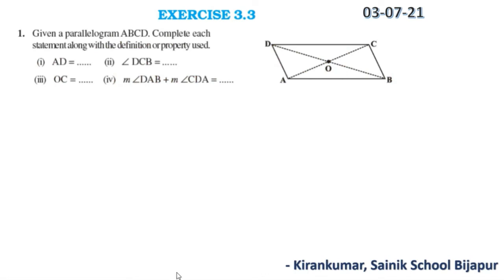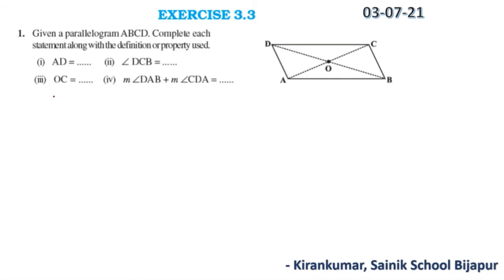Moving on to exercise 3.3. These are the questions related to properties of quadrilaterals. First question is, given a parallelogram ABCD, complete each statement along with the definition or property used.